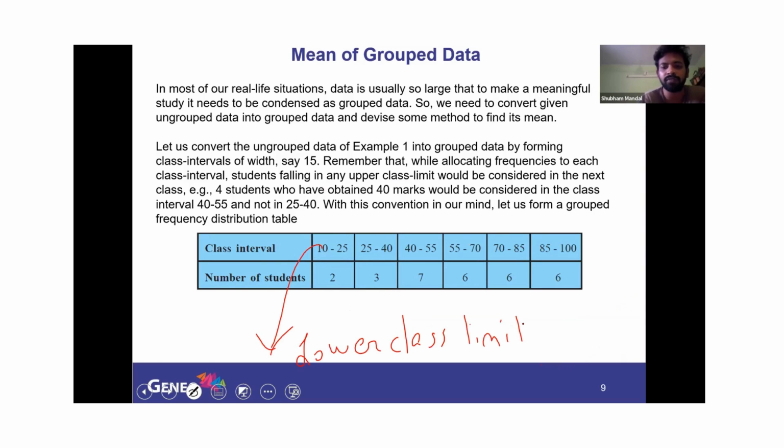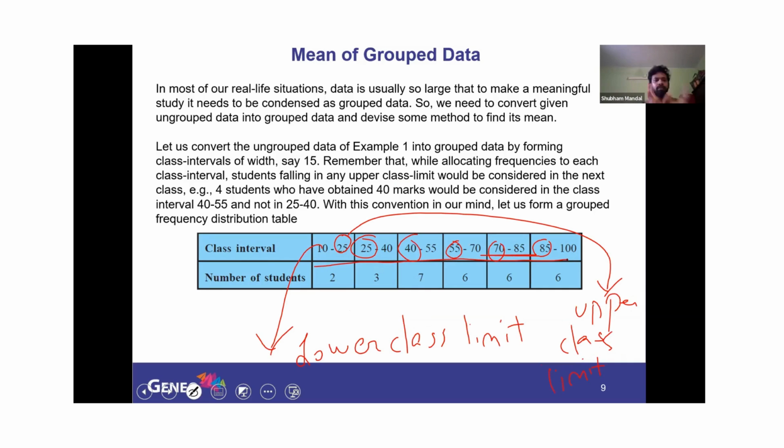All the first numbers, 10, 25, 40, 55, 70, 85, are lower class limits, and the right side ones are called upper class limits. And all these are called class intervals. Interval means from one to another, in between. These class intervals have width 15.